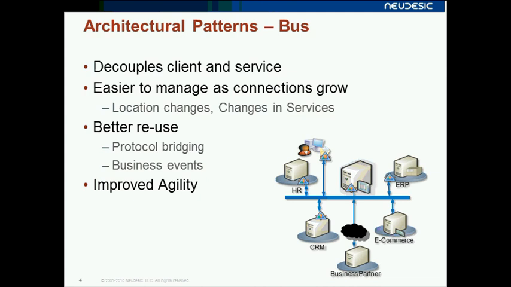So one of the general goals we always like to hope for when we go into a service-oriented initiative or environment is the idea of reuse. So things like potentially exposing significant business events in your environment, maybe a new employee event that many different systems might need to get to.